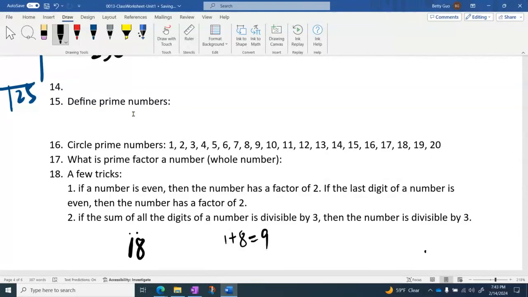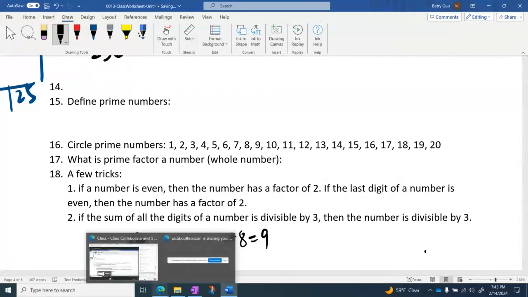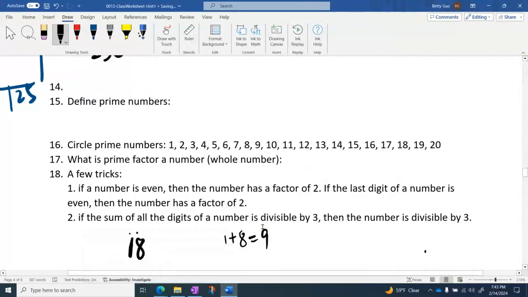Is 9 divisible by 3? We know 9 is divisible by 3, right? So since the sum is divisible by 3, we know 18 is divisible by 3. Okay, 3 is a factor of 18. 3 goes into 18 6 times completely. All right, that's what the trick means.